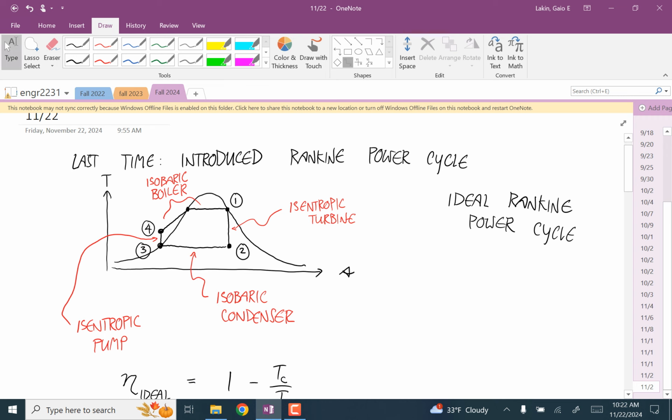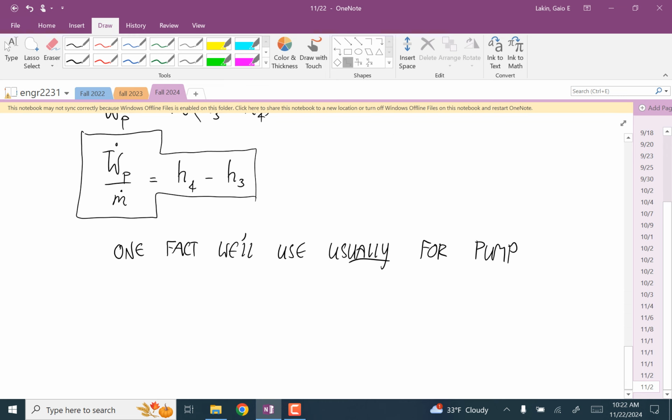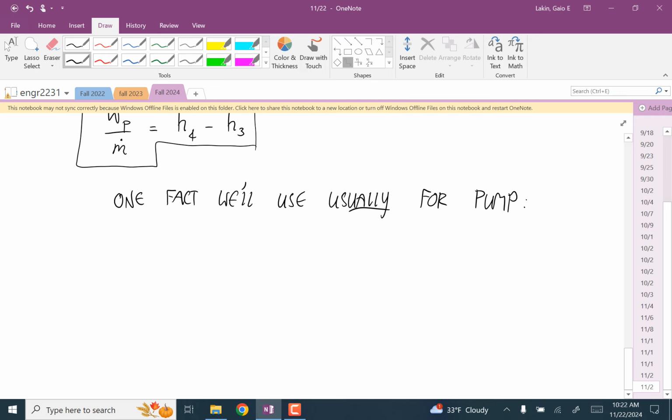What's the phase of the working fluid as it goes from state 3 to state 4? It's liquid, and so we're going to assume that this is incompressible.